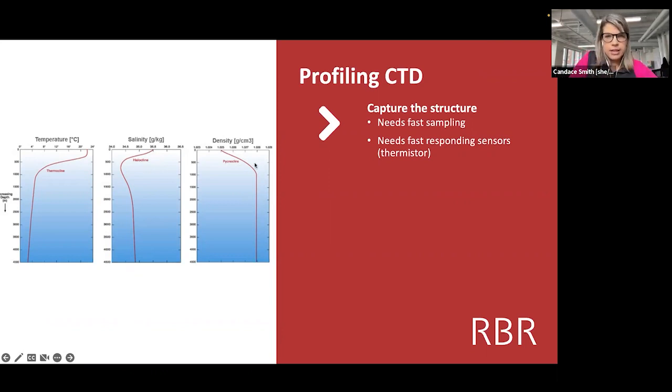The reason that profiling CTDs need fast sampling, so capturing many measurements every second, sub-second sampling, and fast responding sensors, so sensors that respond very quickly, is typically because of these features, the thermocline, the halocline, and the pycnocline, because you want to sample fast to capture this fast change. If you're only sampling once a minute, you might miss this whole feature. So you might get a point here and then here, and you're not really seeing where the thermocline is. So you really want to be able to capture that structure.